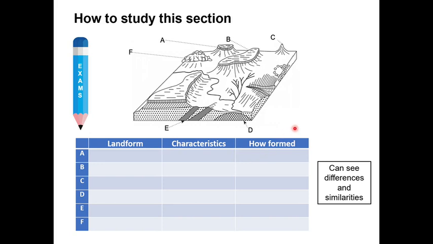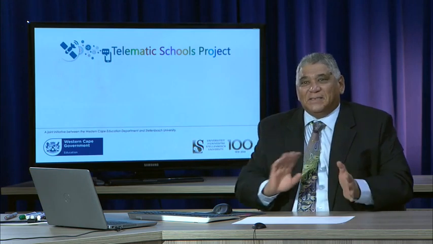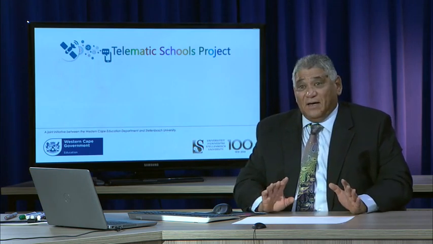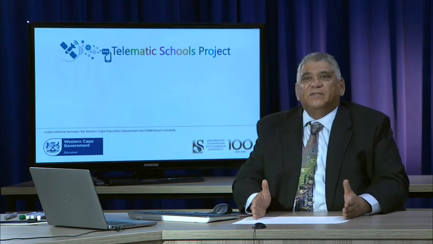In fact, I will suggest that you go make yourselves a table like that and study it this way, because this is the way in which it's going to be examined. You must be able to know the similarities and the differences between all of them. And you can only do that if on a piece of paper you've got everything like that. Don't study them separately. Okay? Rather do it this way. Right?